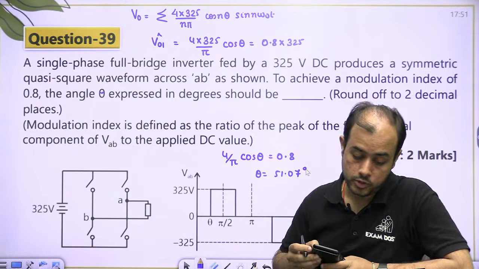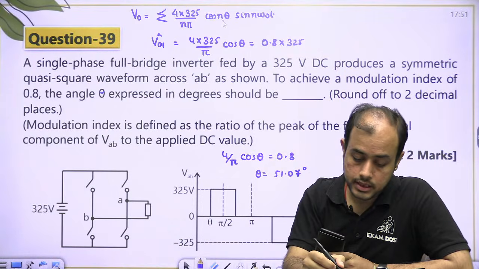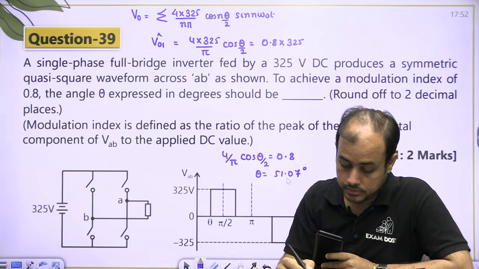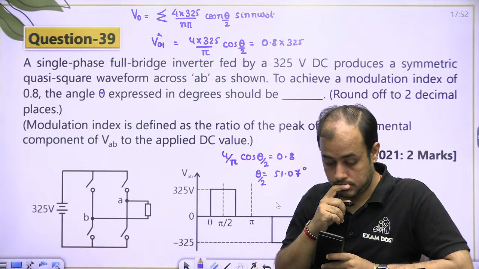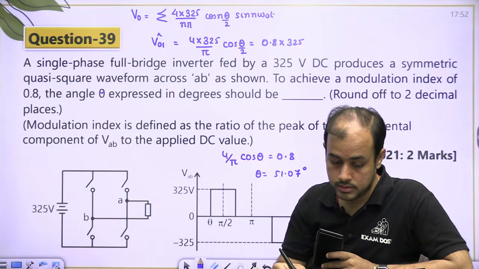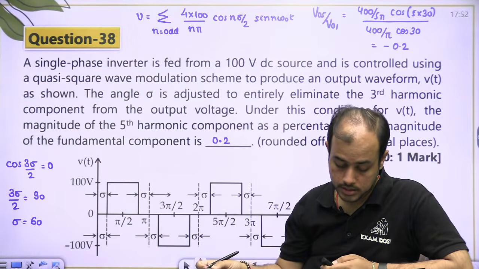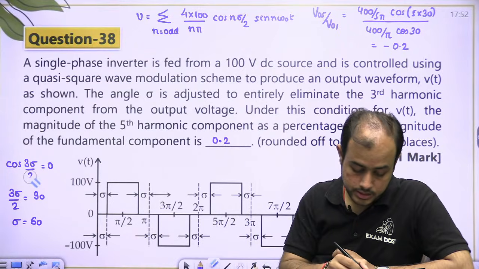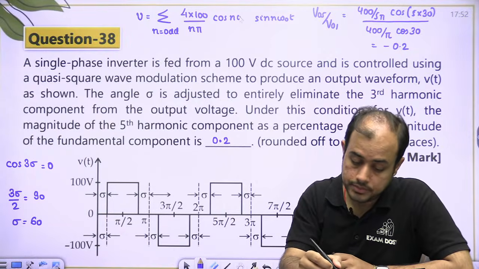51.07, 32.4 आ रहा है. Cos n theta by 2. थीटा ही तो होता है. cos n थीटा होता है.